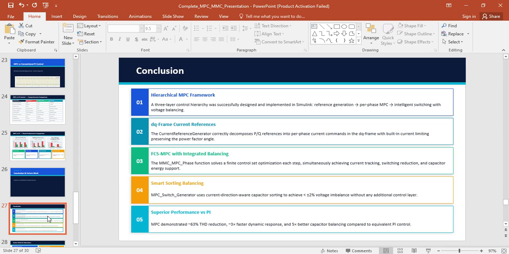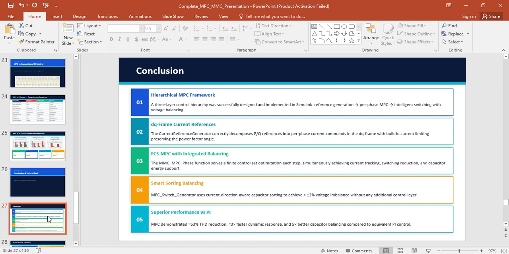right? So this is the conclusion: the hierarchical MPC framework was presented in this work. The control was shown, both the conventional and the MPC, and a three-layer hierarchical control was developed. DQ current reference used in generating the current reference. Then we have the MPC based algorithm.